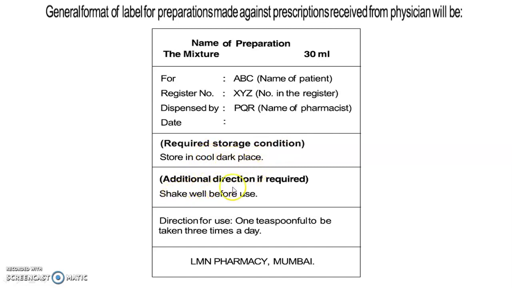Then additional direction if required. For an example, in case of liquid dosage form, there must be written shake well before use. Then direction for use, some directions for the patients which should be followed while taking the medicine or that specific dosage form before using it.